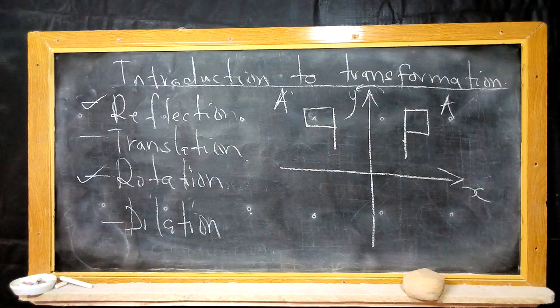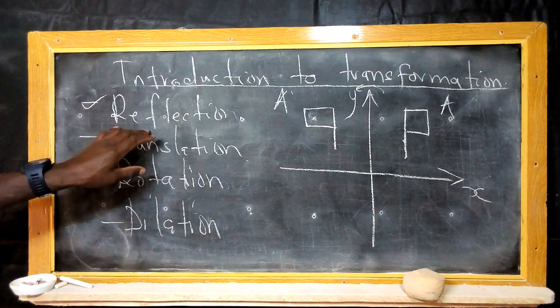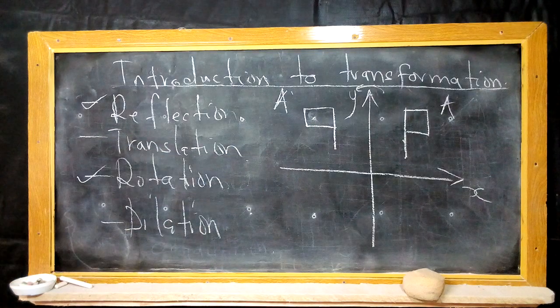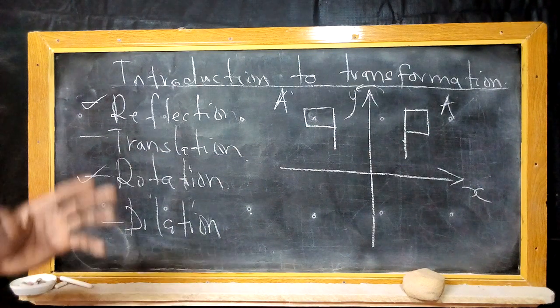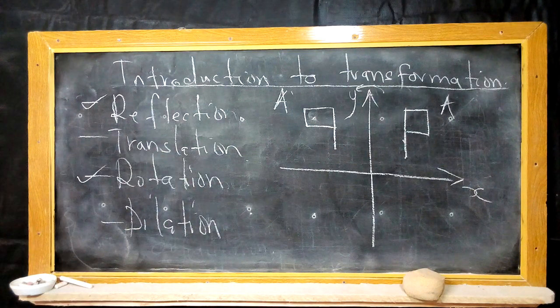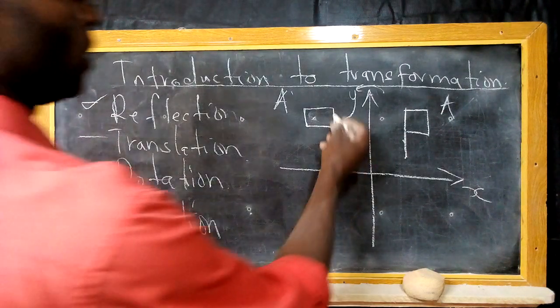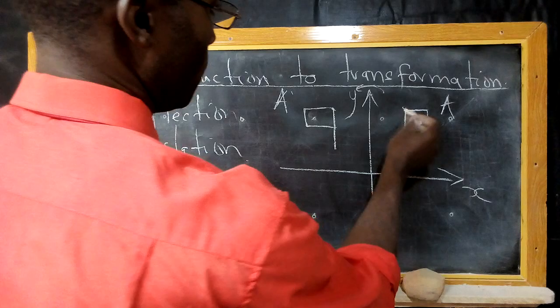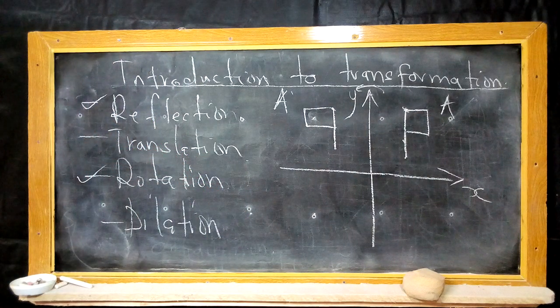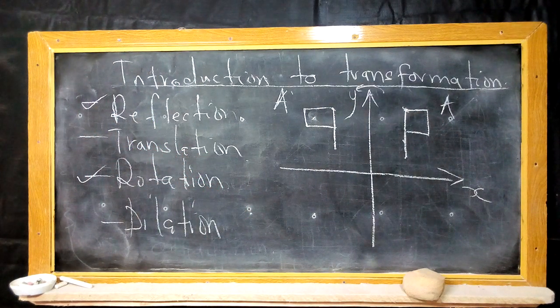As we have listed the characteristics of reflection, they are still maintained there: the orientation changes, the angles are the same, and the distance from a point on the image along the perpendicular line to the point on the figure is the same. So that's one.